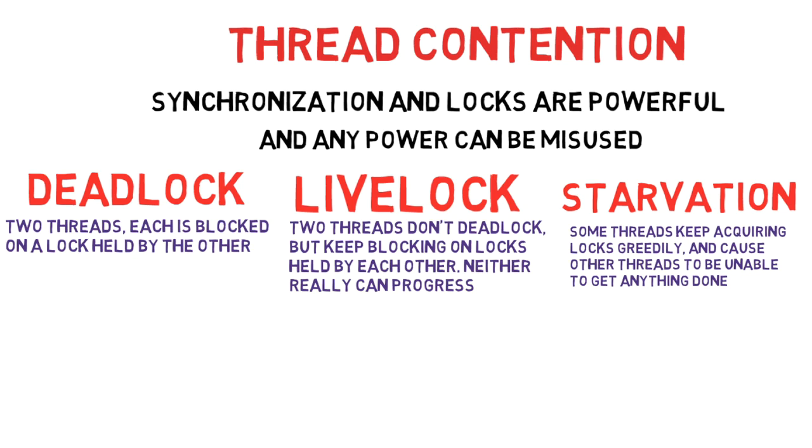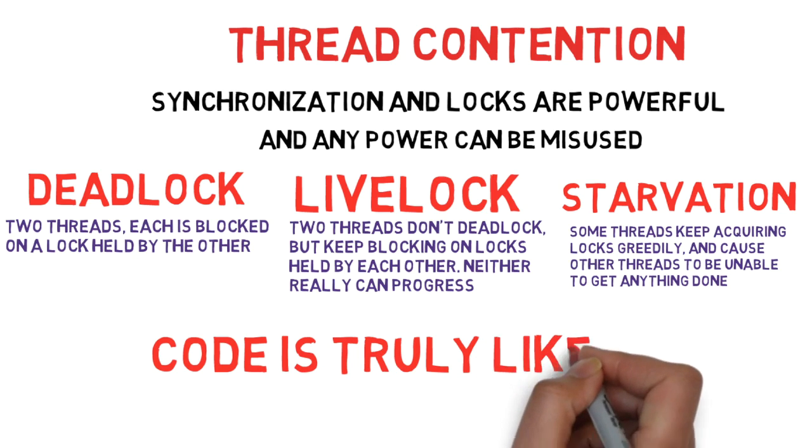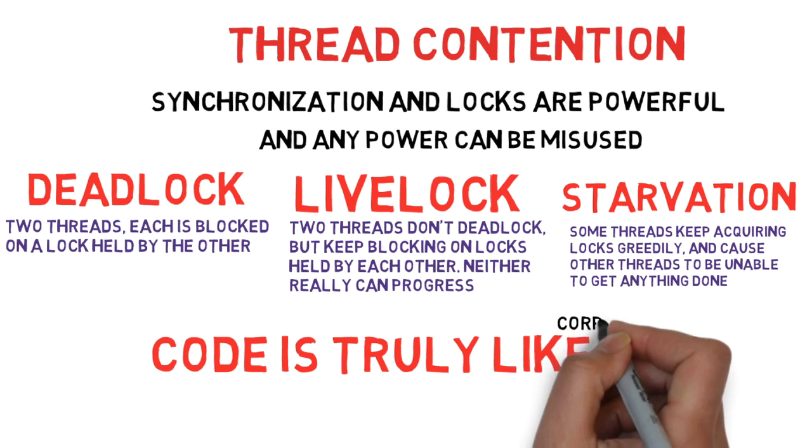This will cause thread B and any other threads which need the same set of locks to be unable to get anything done. The remaining threads will simply starve for the lack of resources. In this case, the resources are locks which they are not able to acquire because thread A has accumulated and hoarded them for itself. Code is truly like life.